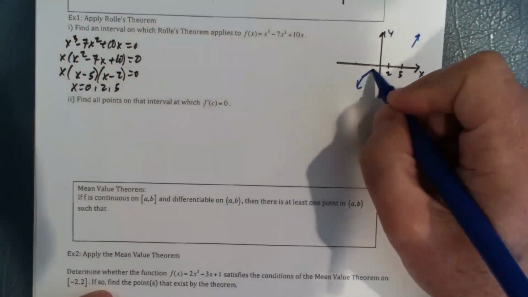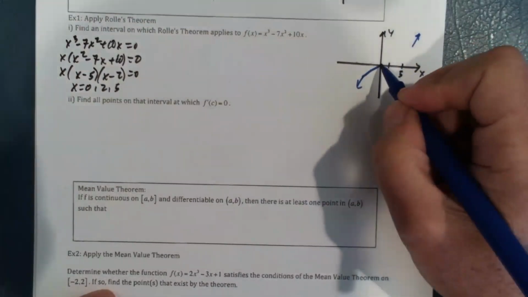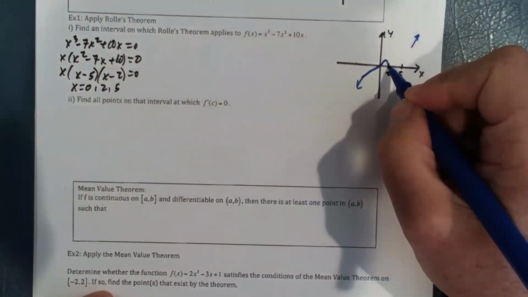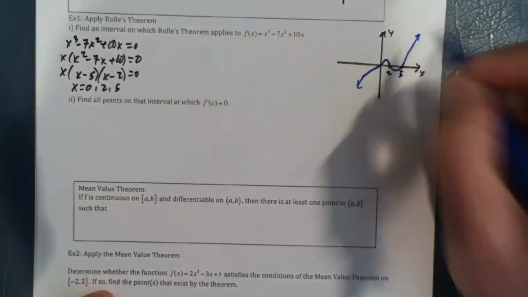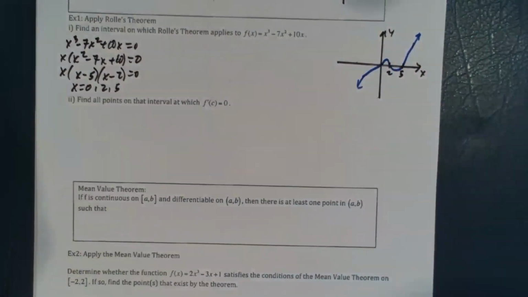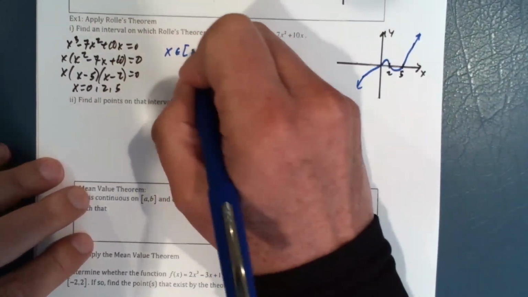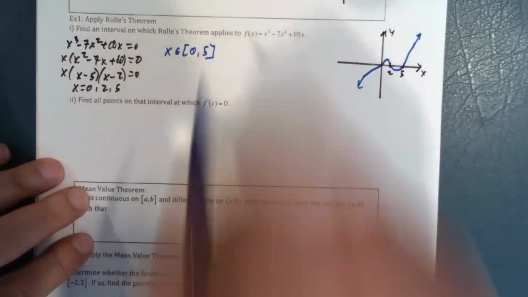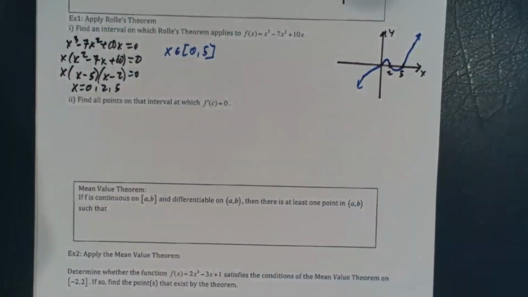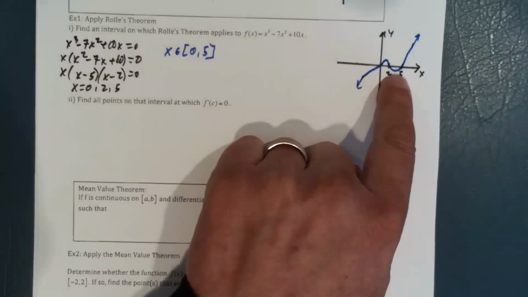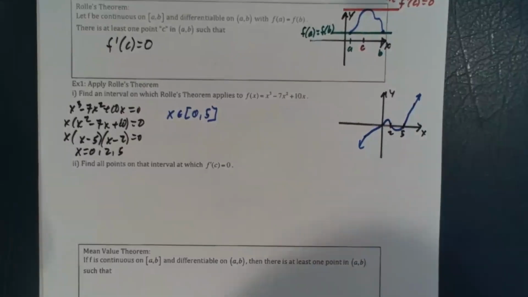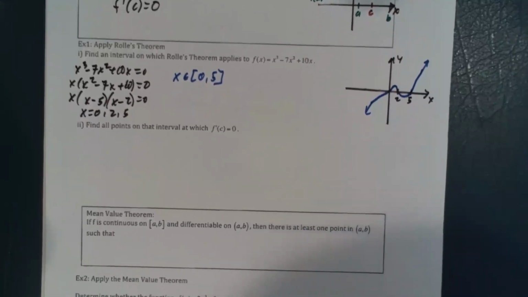We're crossing here like this, it's going up, it's crossing here, and then it's doing something like that. So I'm going to use the interval x going from 0 to 5. So that's going to be my Rolle's theorem interval, because all the y values are equal to 0. So we get that f of A equals f of B for sure when they cross like that.